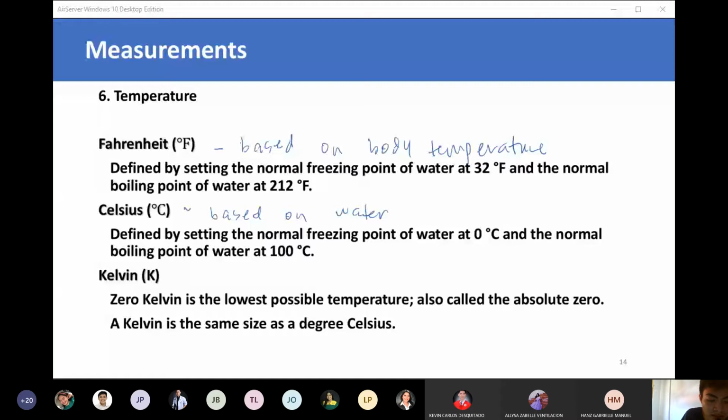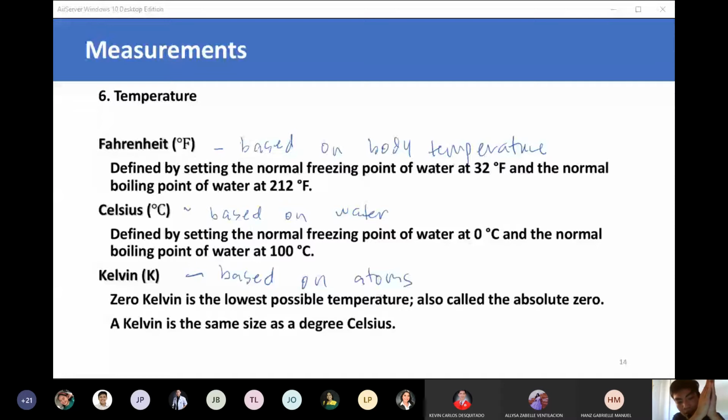Using his understanding of physics and chemistry, Kelvin defined temperature as the kinetic energy of atoms, so this is now based on atoms. To demonstrate, let's say these are my two hands. I will put them together. This is one atom, this is another atom.